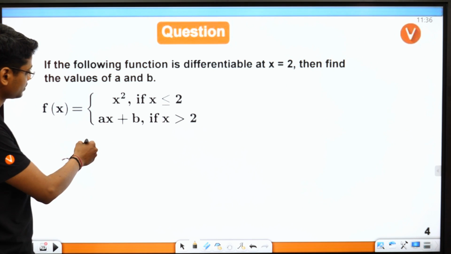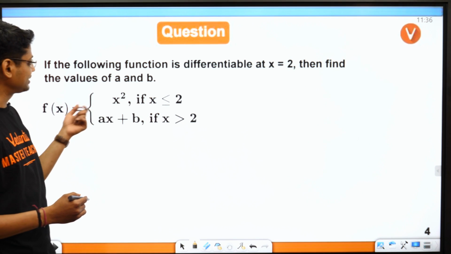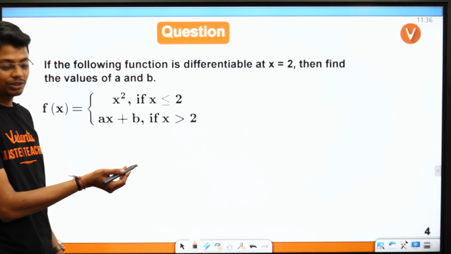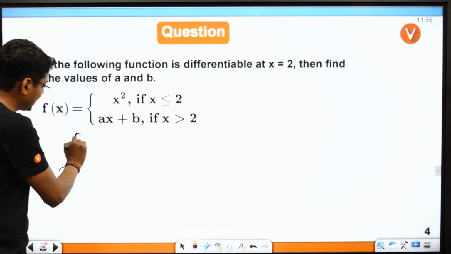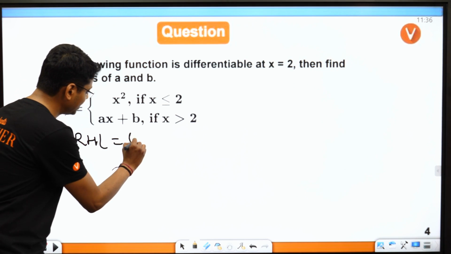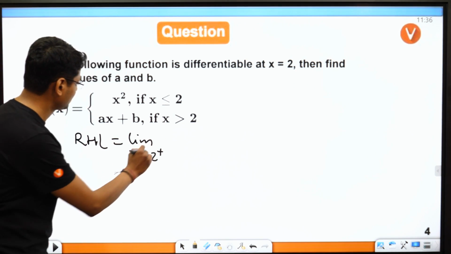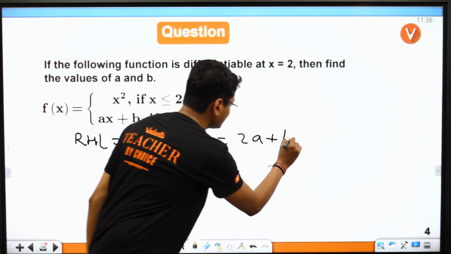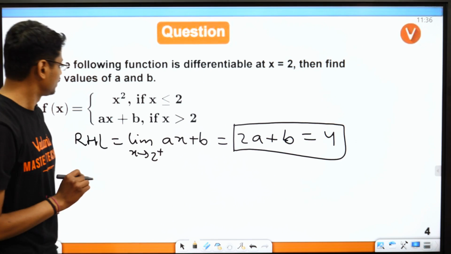So first, to ensure continuity at x equal to 2, f(2) is 4. So that means the right hand limit should also be 4 at x equal to 2. So the right hand limit will be the limit x tending to 2 plus of ax plus b, which is basically 2a plus b, which should be equal to f(2), 4.